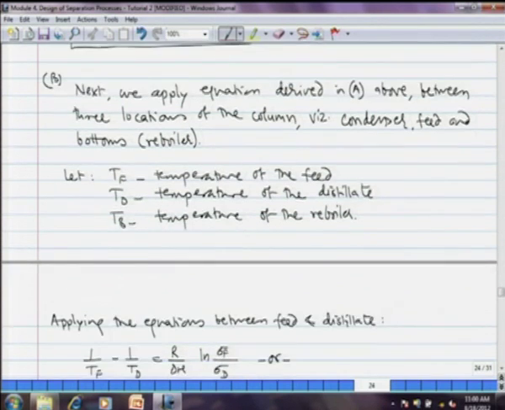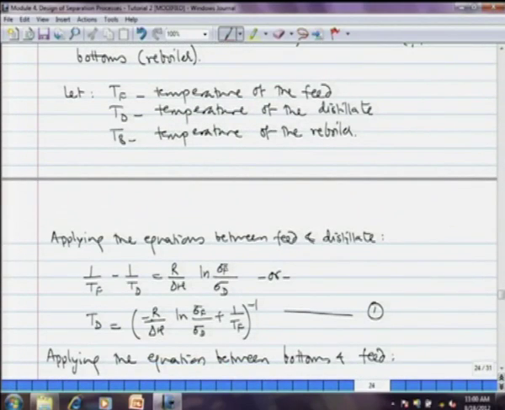Then we apply the above relation 2 times, first between feed and distillate and second between feed and bottoms. So, when we apply the relation between feed and distillate, we get 1 by Tf minus 1 by Td is equal to R by delta H into ln sigma F by sigma D.